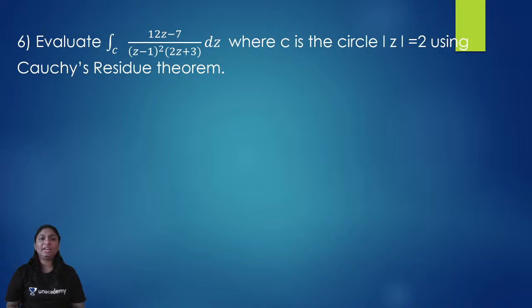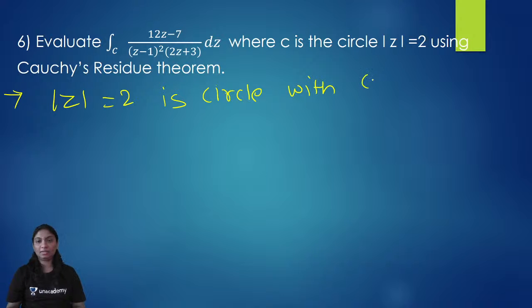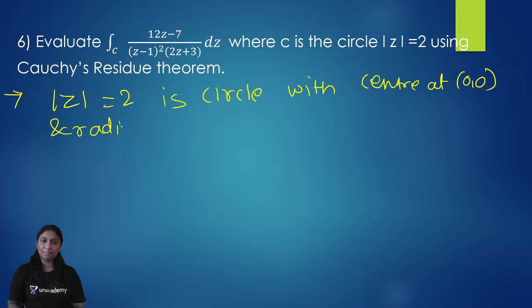First we will find the poles and check whether the poles lie inside the curve C or not. First of all, we will see the curve. Mod z is equal to 2 is a circle with center at 0, 0 and radius 2. Now we will find the poles.